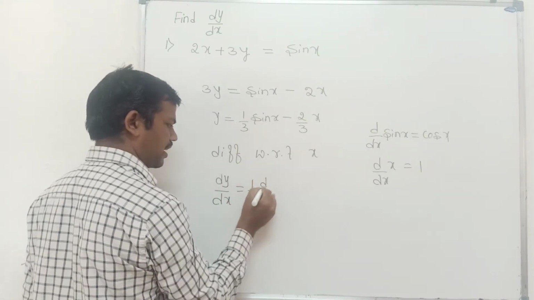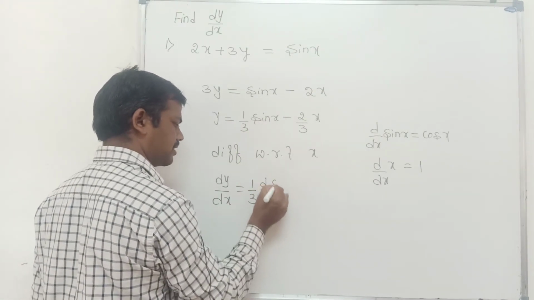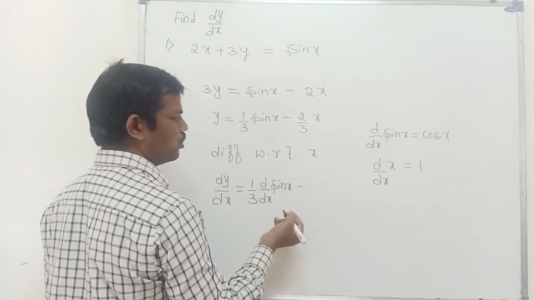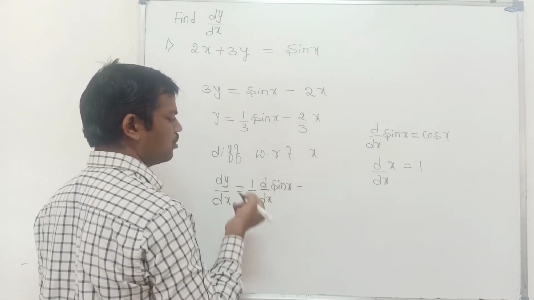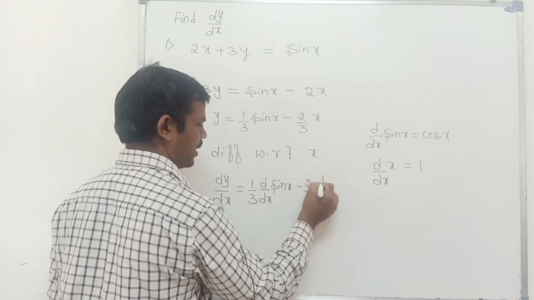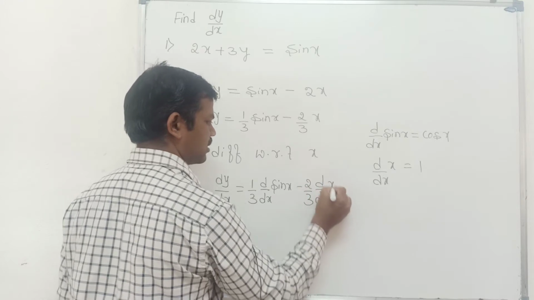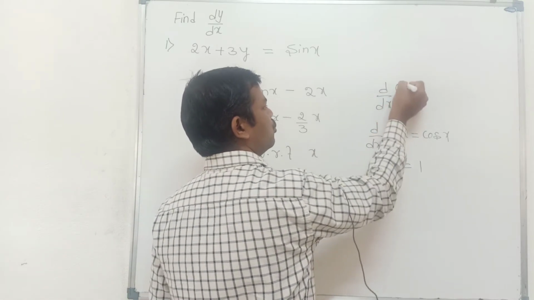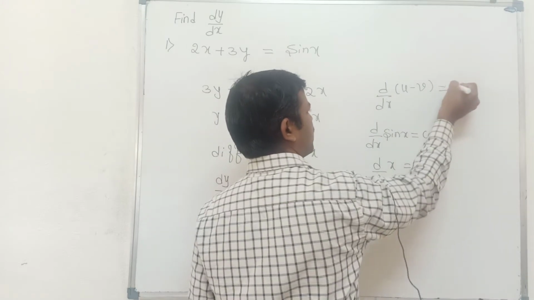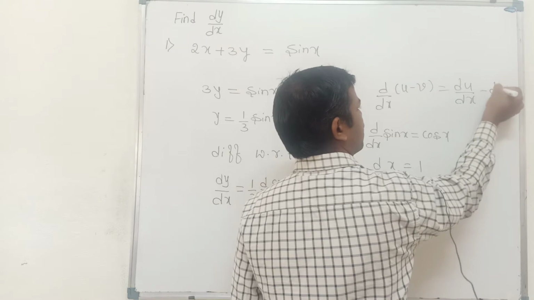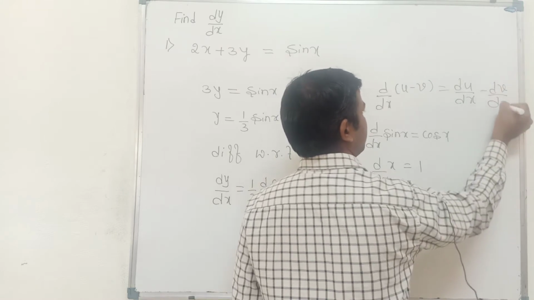Derivative of sin x, dy by dx is 1 by 3 into cos x minus 2 by 3 times the derivative of x. So we used the difference rule: derivative of u minus v is du by dx minus dv by dx.